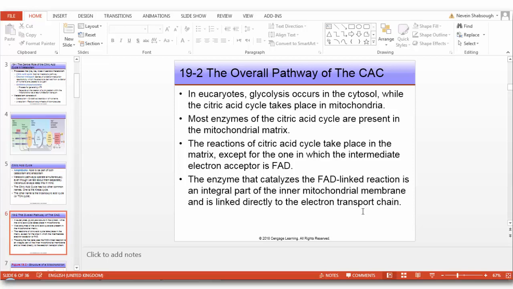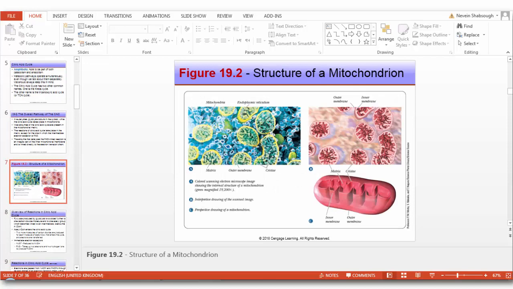The reactions of the cycle take place in the matrix, except for one in which the intermediate electron acceptor is FAD. The enzyme that catalyzes the FAD-linked reaction is an integral part of the inner mitochondrial membrane and is linked directly to the electron transport chain, as we will see later.